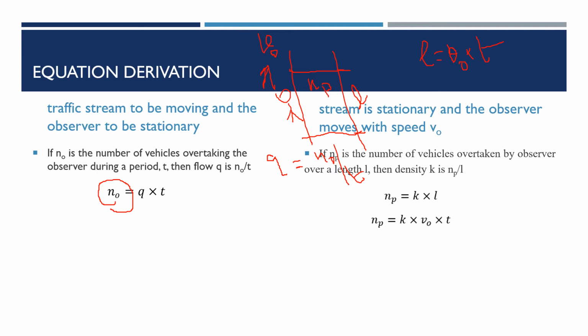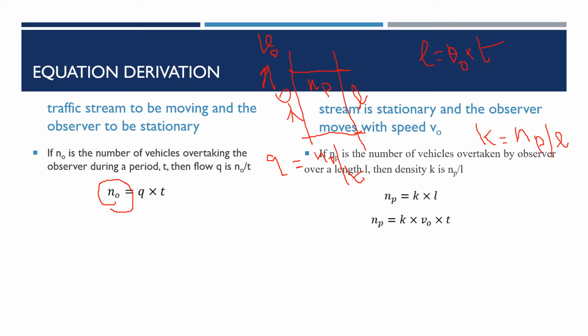Now how do we get NP? NP vehicles are there over the stretch L. That talks about the other macroscopic parameter, which is density. Density is defined as the number of vehicles occupying a unit distance of the road. So here NP vehicles are there over L distance.